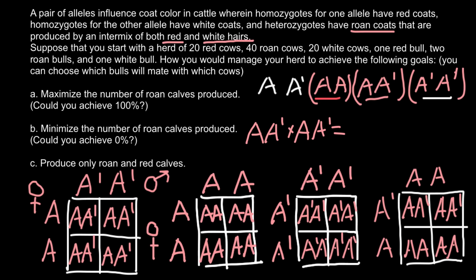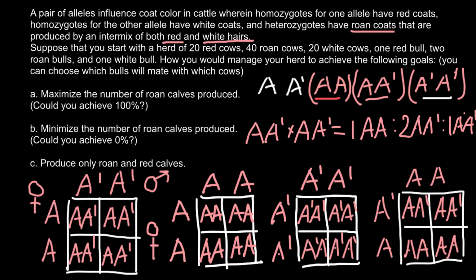The result would be, I don't have space left for the Punnett square, but you can easily build such a Punnett square and you would see that 1/4 or 25% would be genotype AA, 50%, or ratio 1:2, would be heterozygous, or roan, capital A A prime, and 1 would be capital A prime A prime.